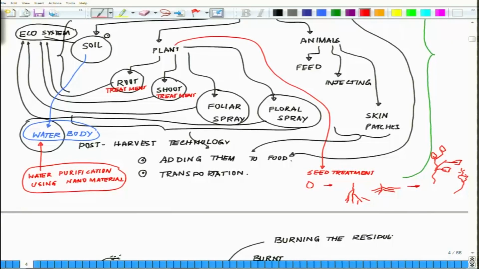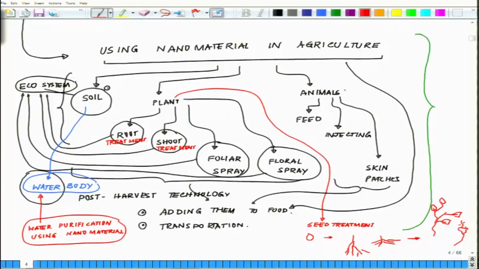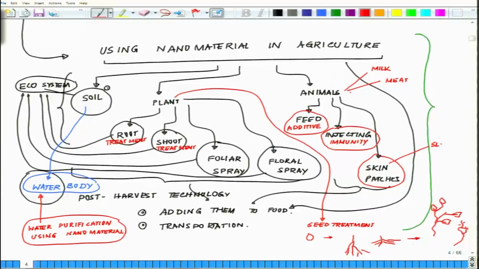Now, in the case of animals, it is especially used for animal productivity, in terms of either milk production or meat production. It could be used as a feed additive. We will talk about one such example where there is hope with one of the nanoparticles, or they could be injected for immunity, or used as skin patches for slow release.